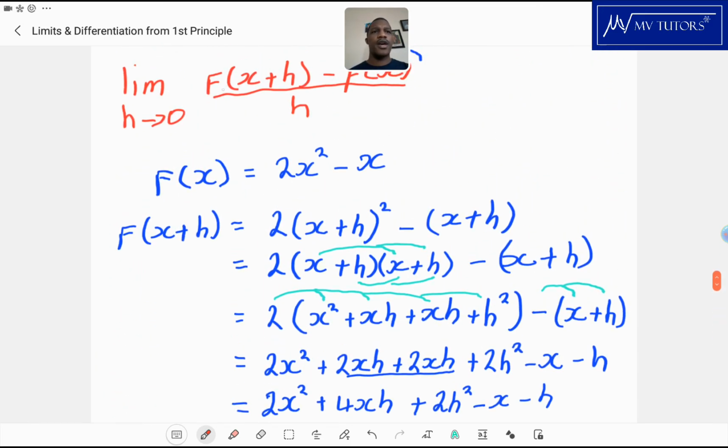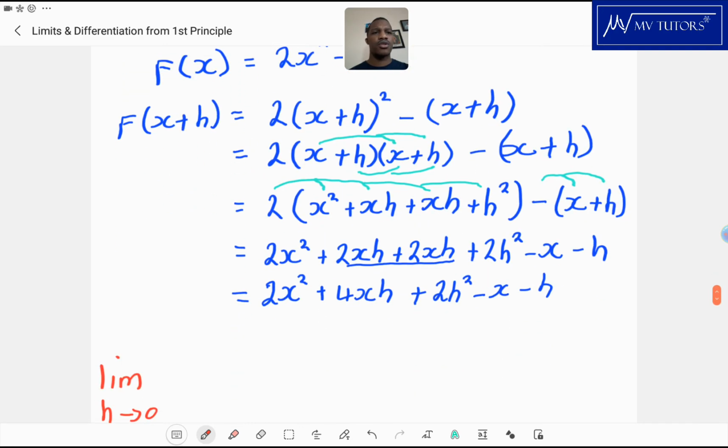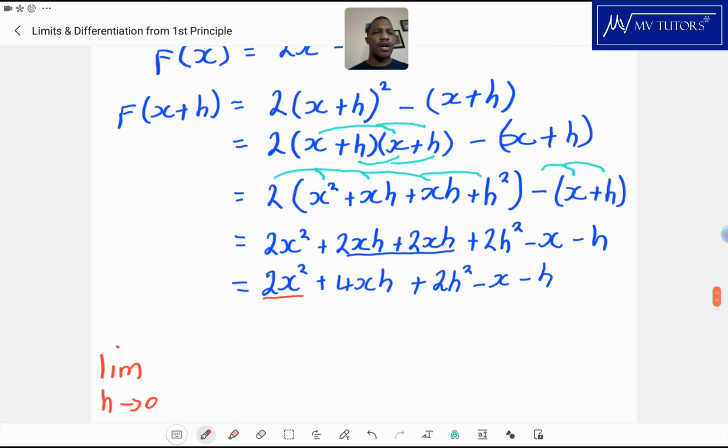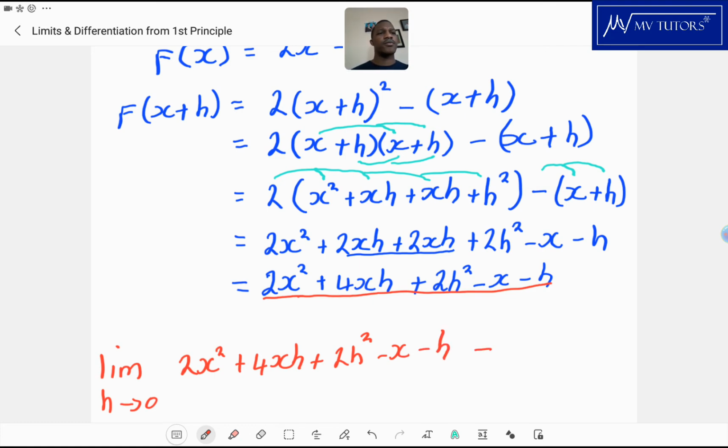First of all, we have f of x plus h, meaning we have to substitute this whole thing, so we'll put it exactly as it is: 2x squared plus 4xh plus 2h squared minus x minus h, minus.